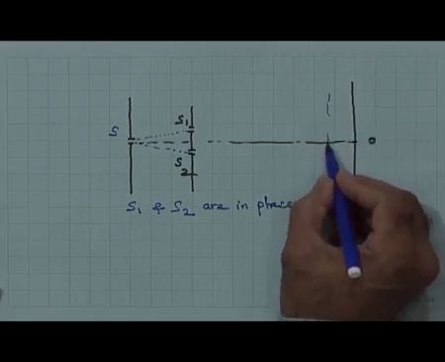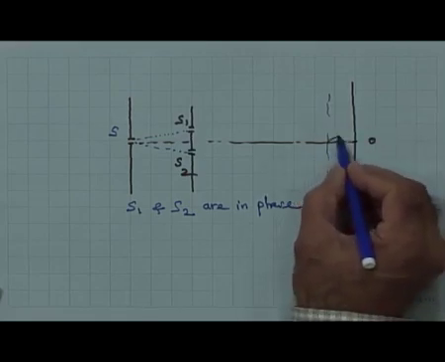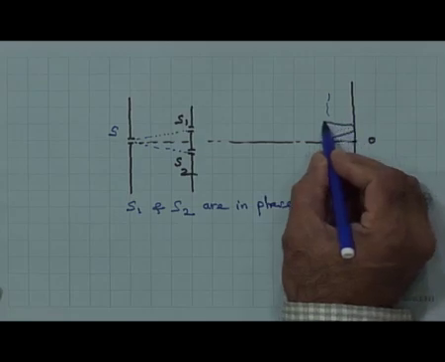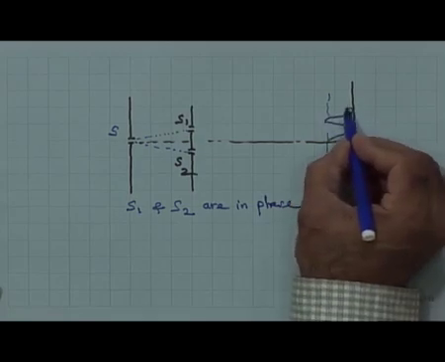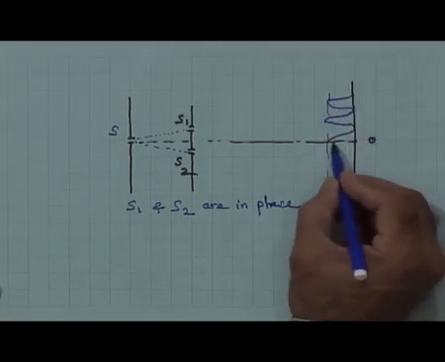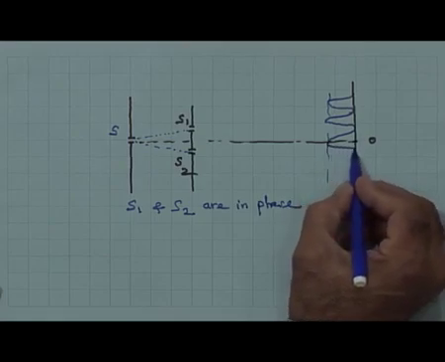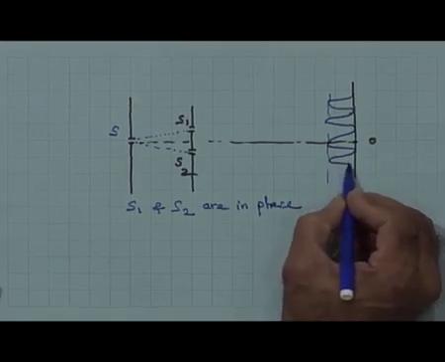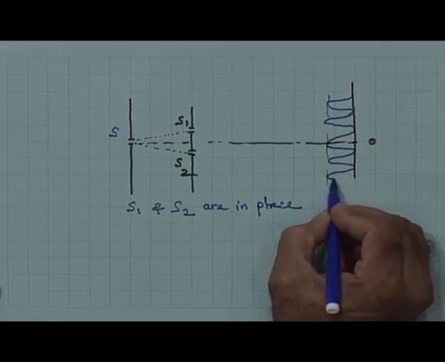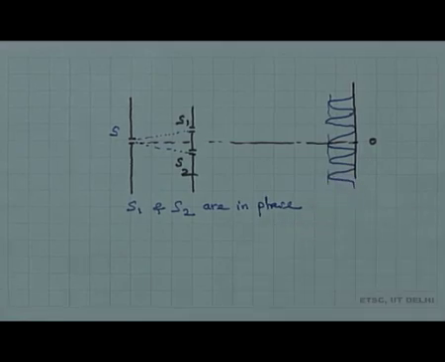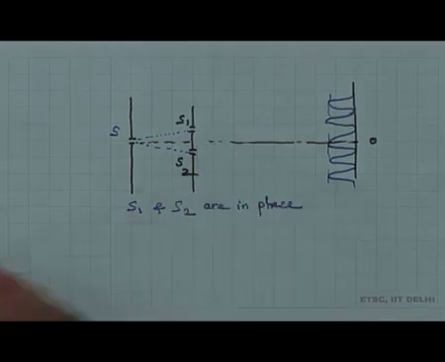If I show the fringes here, these are the cos square delta by 2 type of fringes, symmetrically on both sides. Now, suppose we introduce a thin sheet on the path.